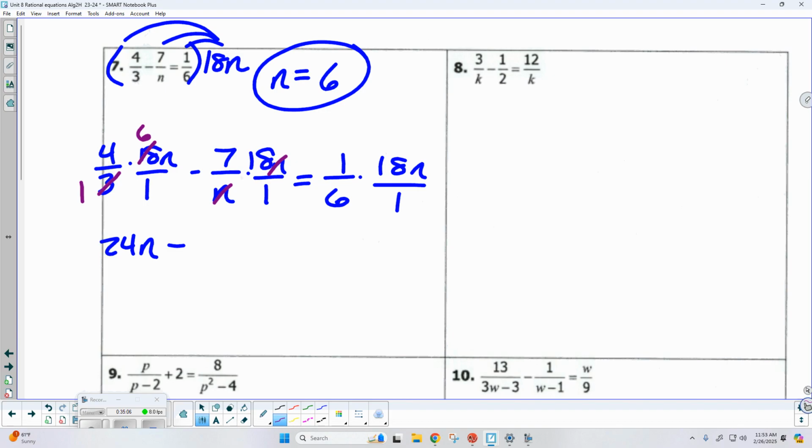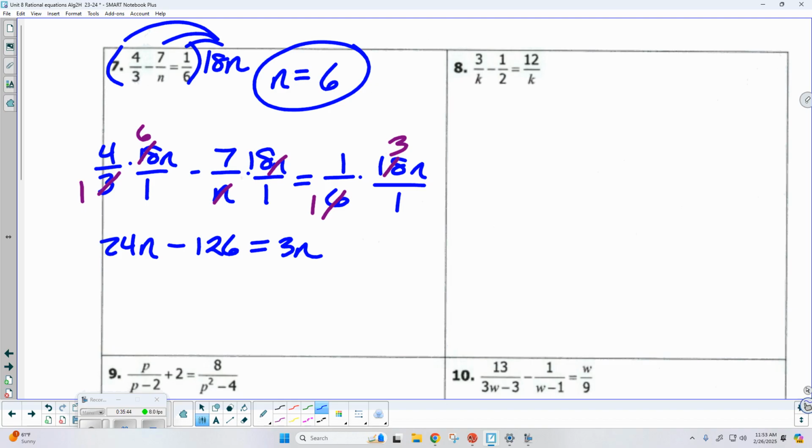So I need 18 times 7. 126. I cannot write today. 126 equals, and then what we have here, the 6's, that'd be a 1, that'd be a 3. So 1 times 3n is just 3n.